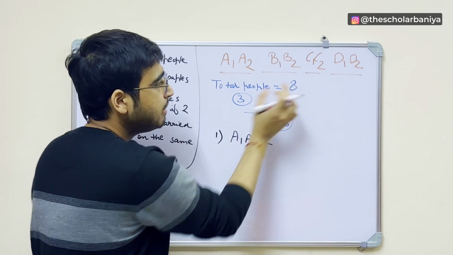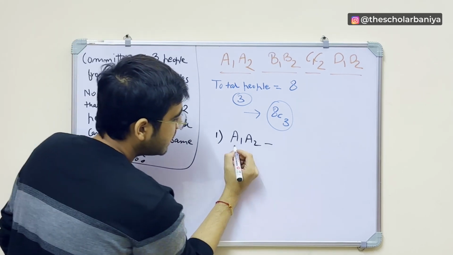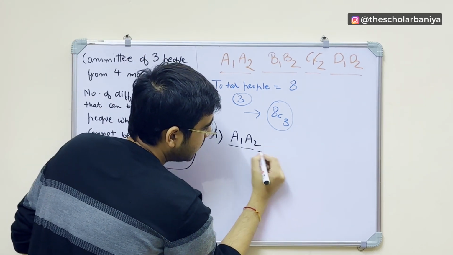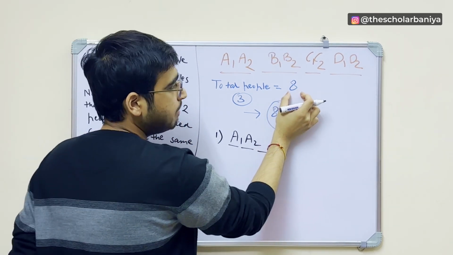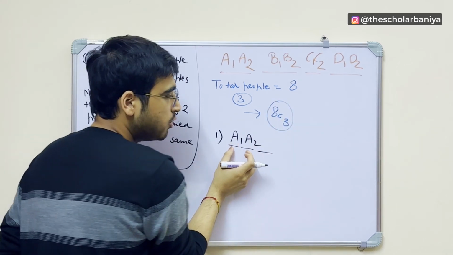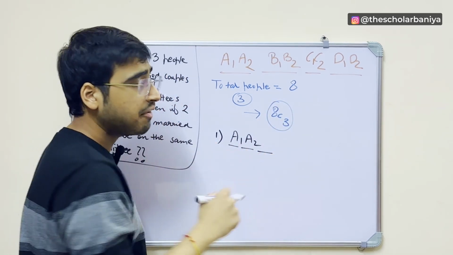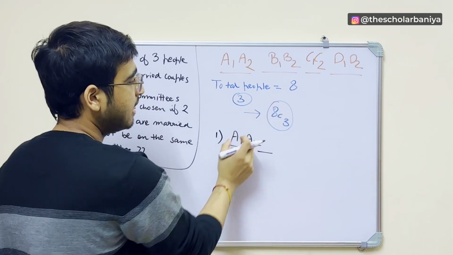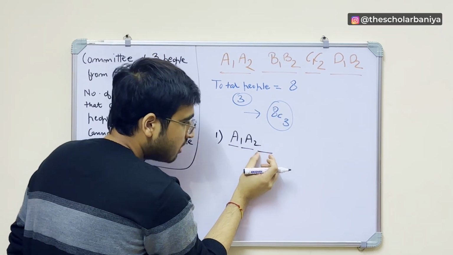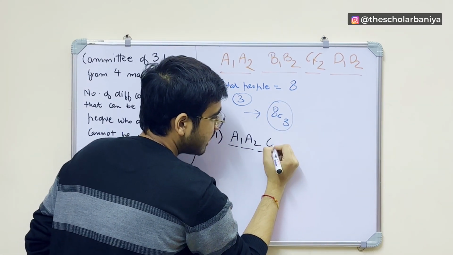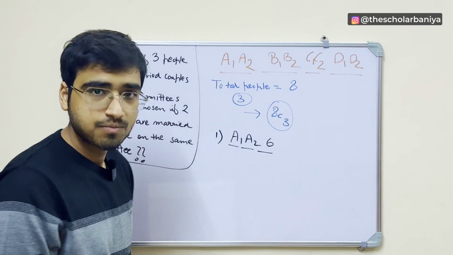Obviously, there are 8 people in total. The committee is of 3 people. We have already filled 2 people. So how many options do we have left for the third place? We have 6 options left, right? Because 8 minus 2 is 6.